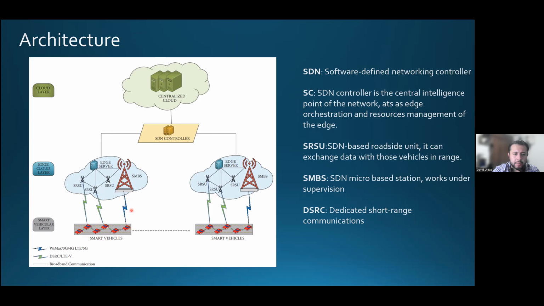There is the connection of the cars to the edge cloud layer, and for example the communication between cars could be LTE. It's 4G, but with some modifications for vehicular communication. LTE-V is the name of the network.